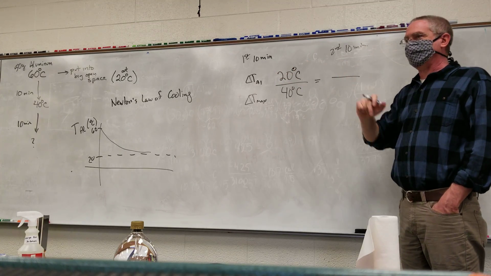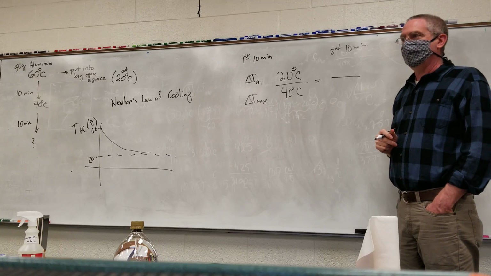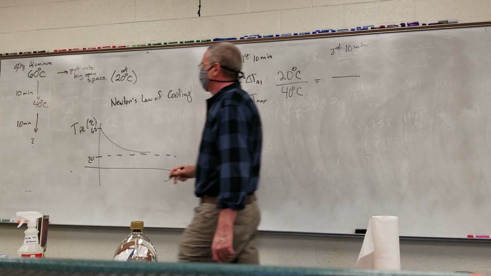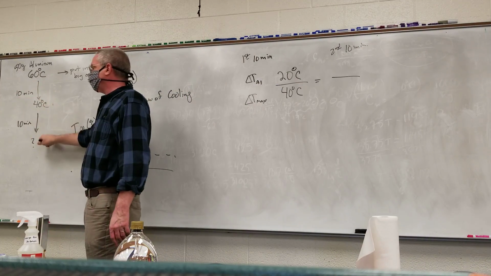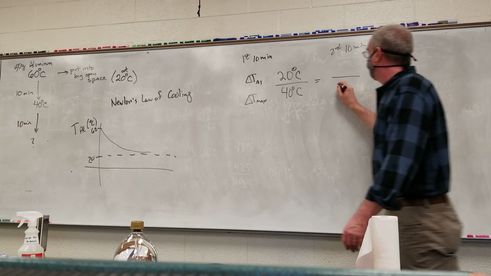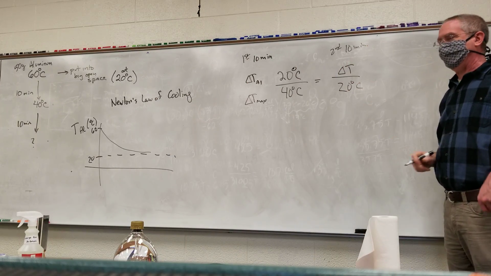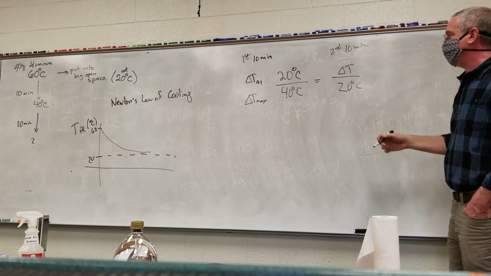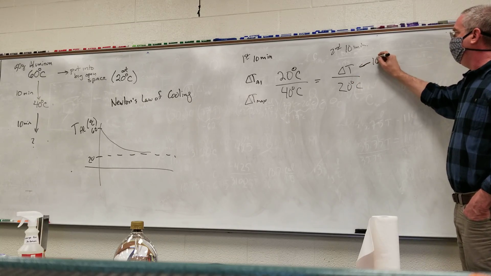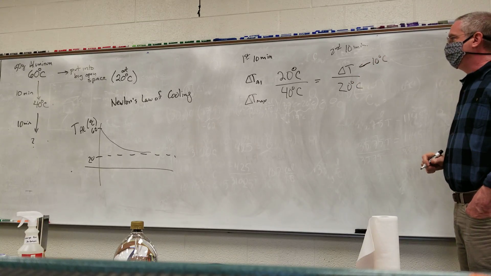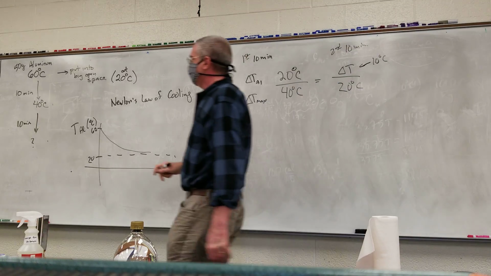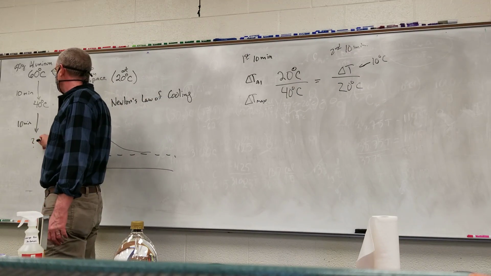What is the most it can lose? 20. Yeah, the most it can lose is 20. The actual change in temperature is, well, we've got a fraction here. That's where the 10 comes in. So after another 10 minutes, this is now 30 degrees Celsius.